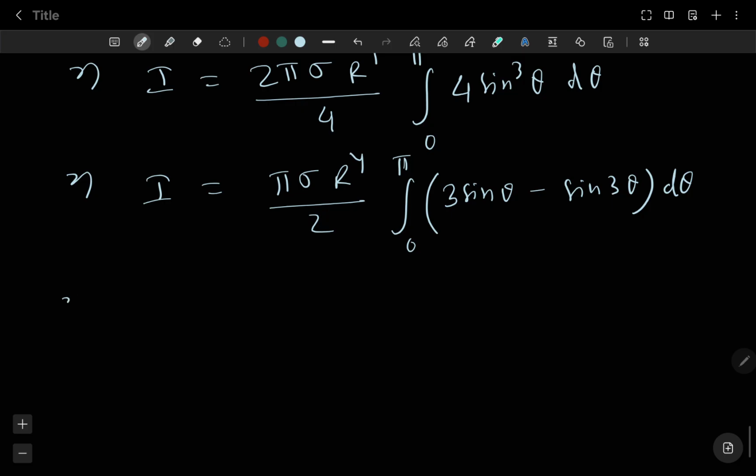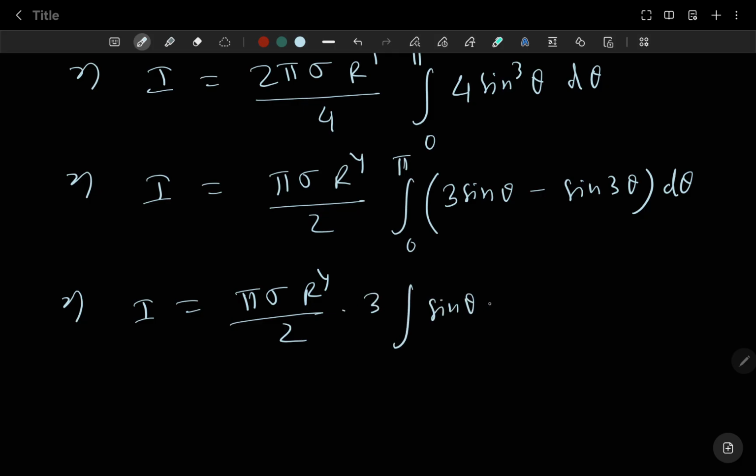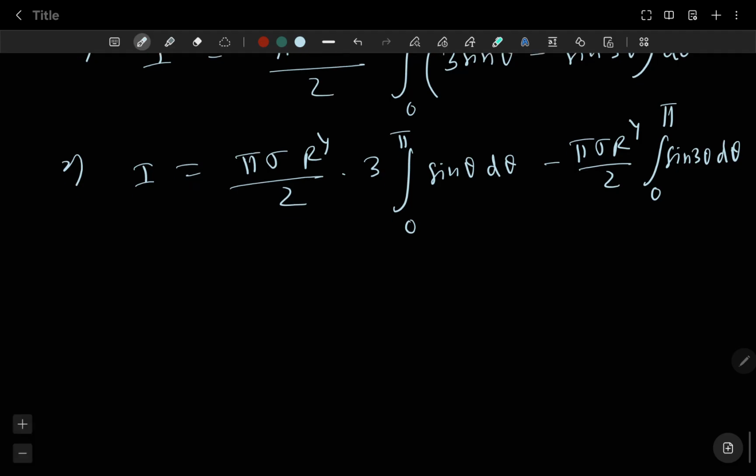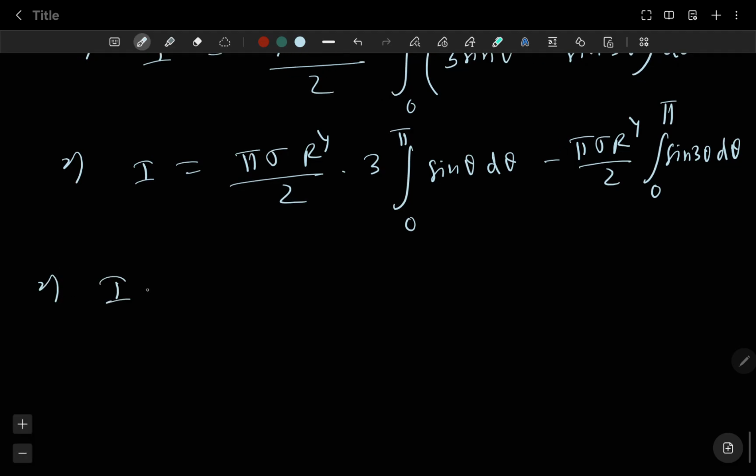So what do you get? You get 3 sin theta d theta from 0 to pi and sin 3 theta from 0 to pi. Now you can easily calculate.